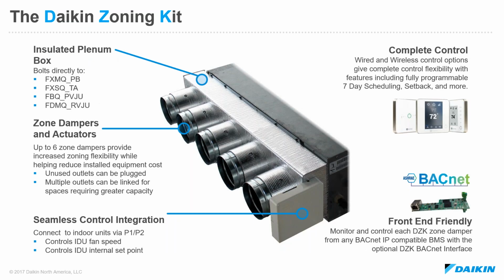So the idea is essentially that the DZK consists of an insulated plenum box. So this box is designed to bolt directly to the different fan coils that we have listed for compatibility. So the previous, or kind of legacy current generation DZK is compatible and bolts directly to the FXMQ PB series and the FBQ series on the Skyer side.